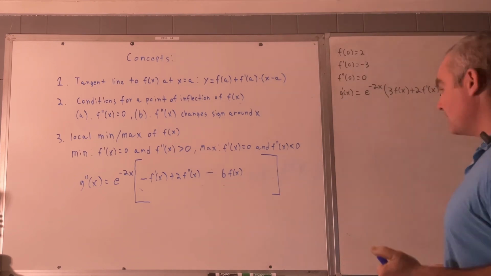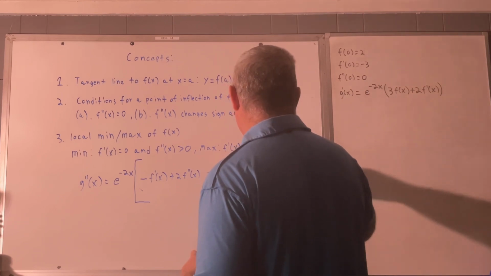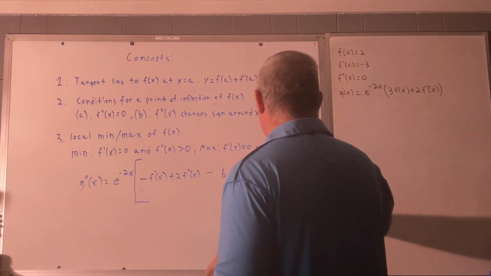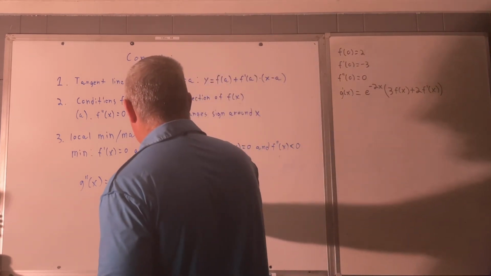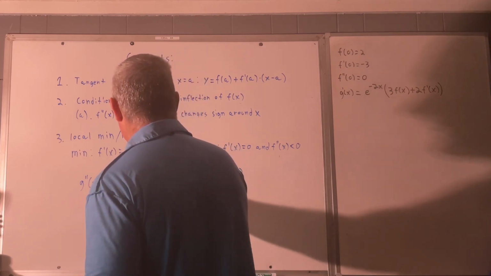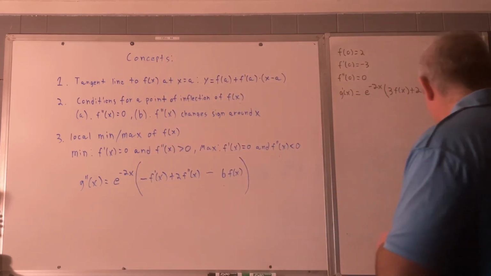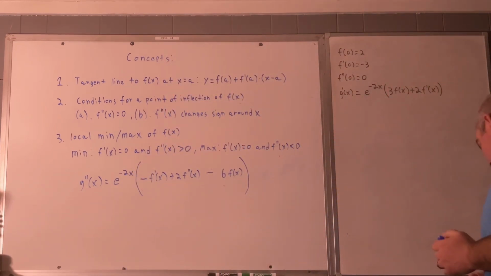All right, so let's clean this up a little bit. I'll just get rid of these square brackets because we don't need them being square anymore. And we'll just put it like that. So there's our g double prime of x. Part 2 of part D of question 4.